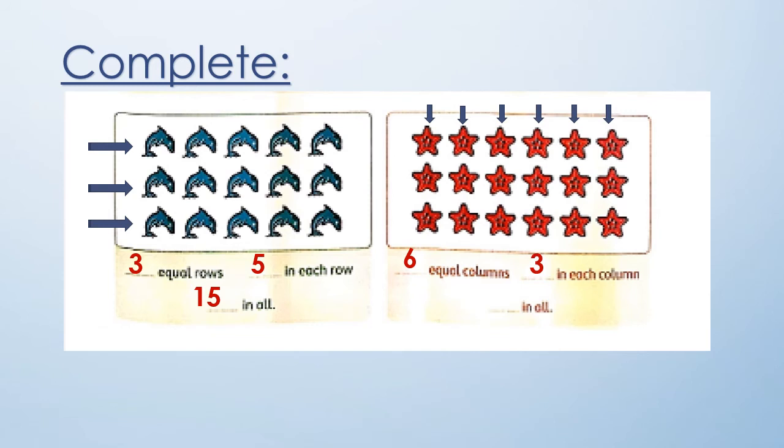And then how many stars in all? If you use the rows, yes, we will start with 6 and skip counting by 6. Then I will write 6, 12, 18. Or if you start with 3 and skip counting by 3, then the answer will be 3, 6, 9, 12, 15, 18.